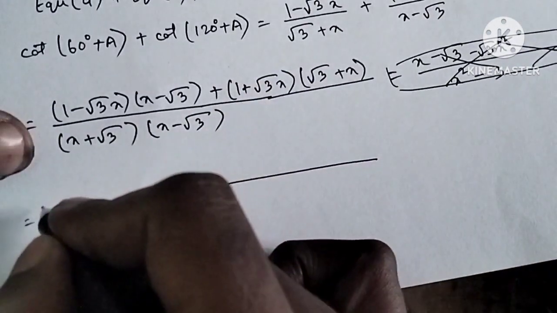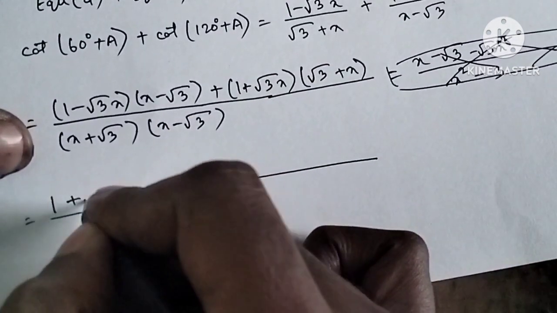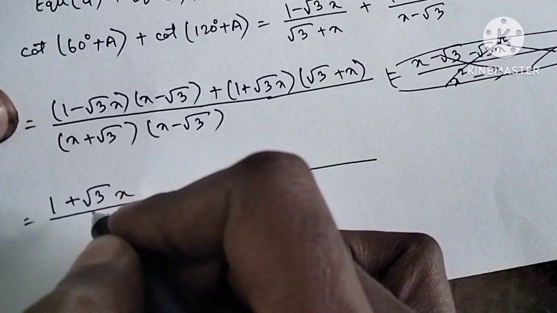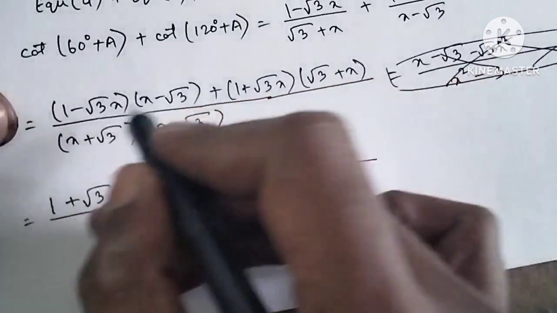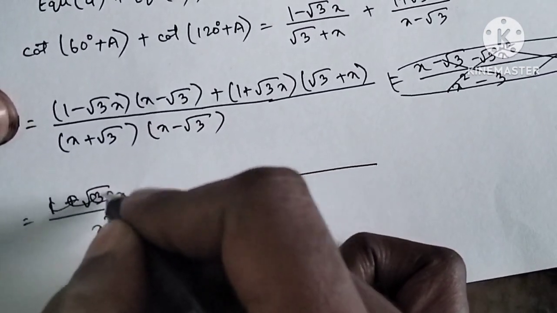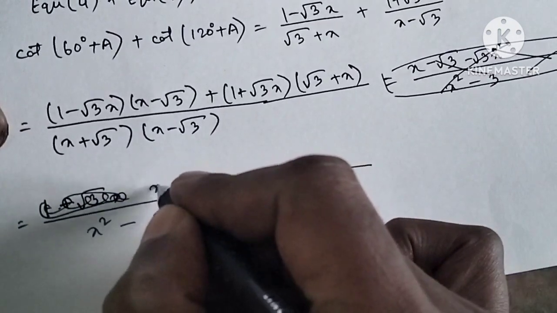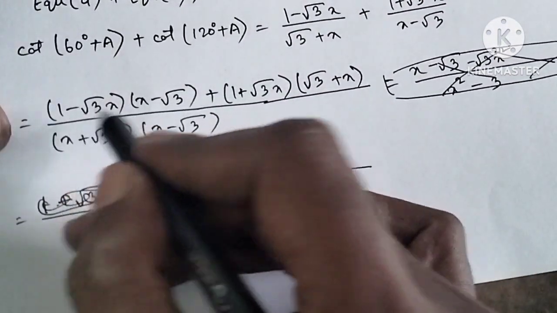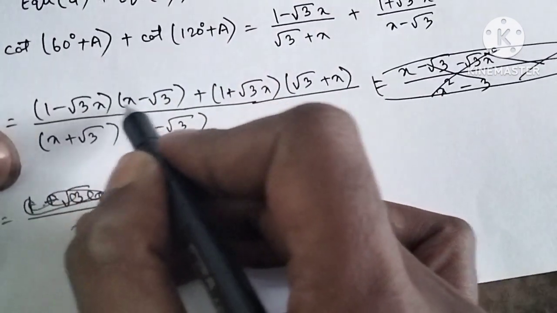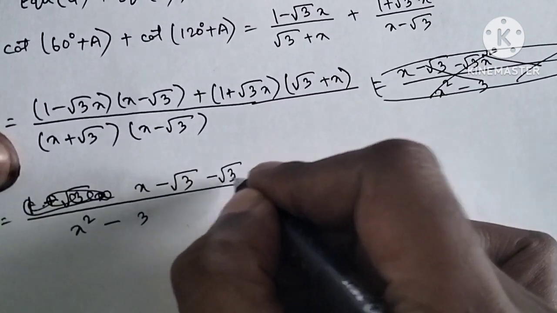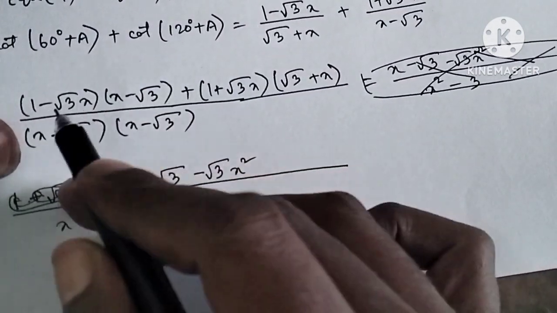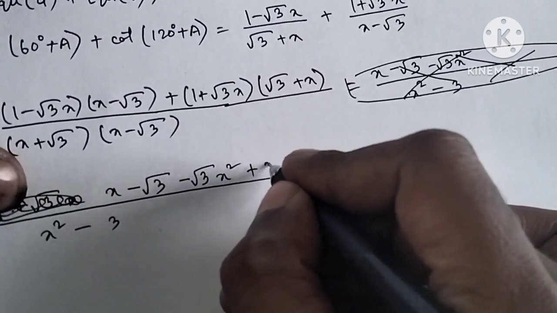Acha, 1 into 1 is 1, plus root 3x, sorry. 1 into x is x, 1 into minus root 3 is minus root 3, minus root 3x into x is minus root 3 x square, minus root 3x into minus root 3, minus minus plus, 3x.